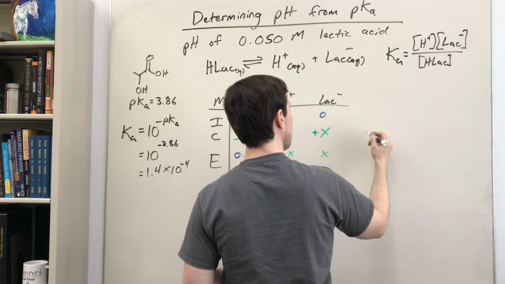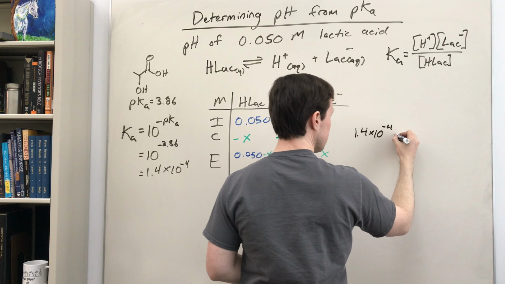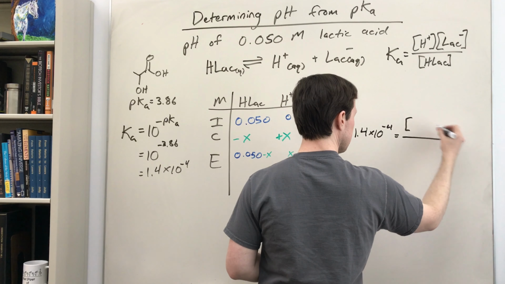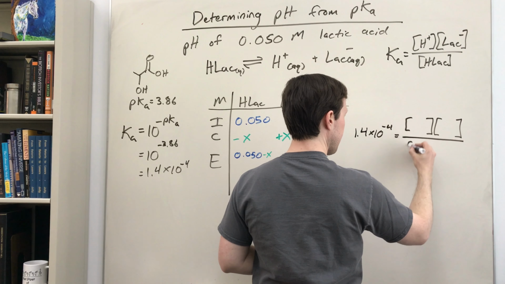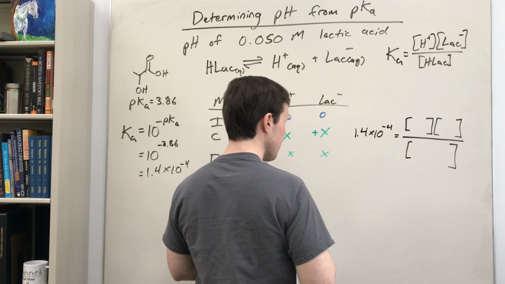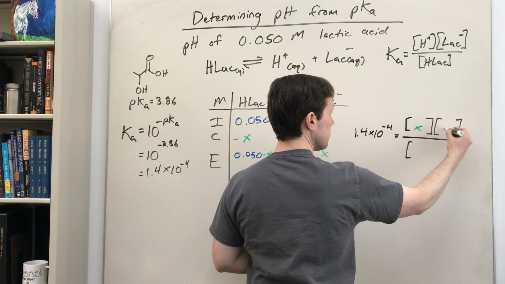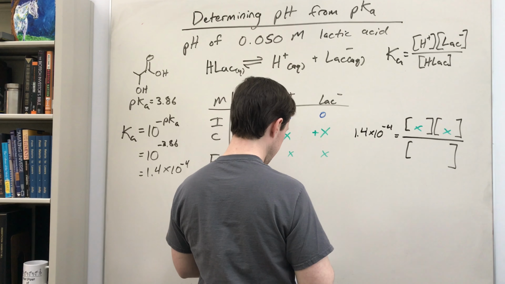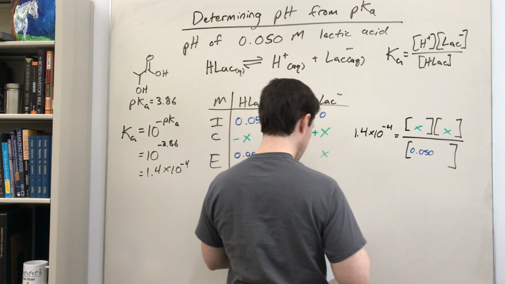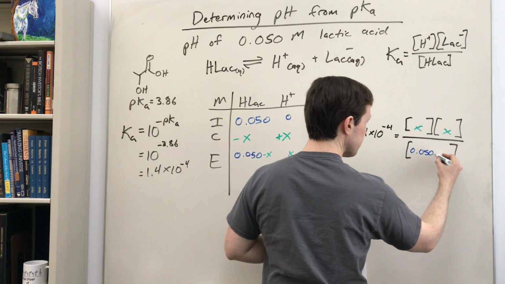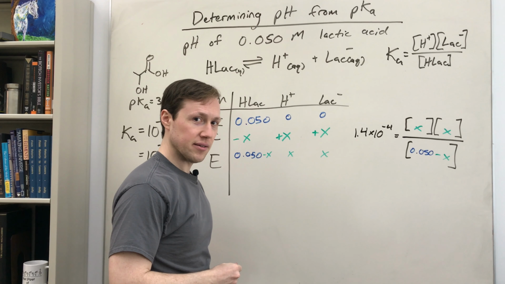Our expression is our Ka is equal to our concentrations of H plus, LAC minus, and our concentration of our conjugate acid remaining.